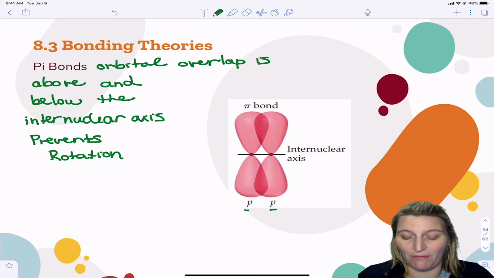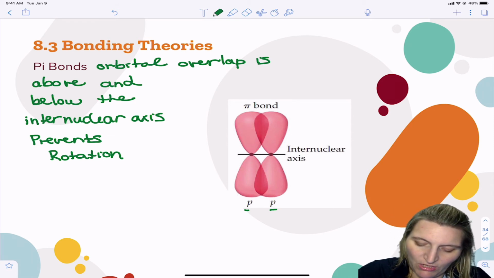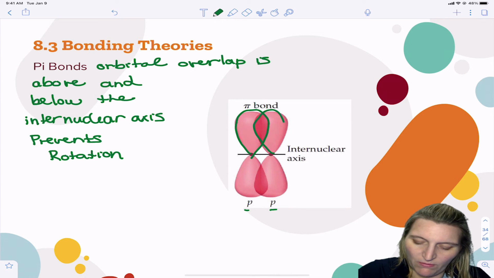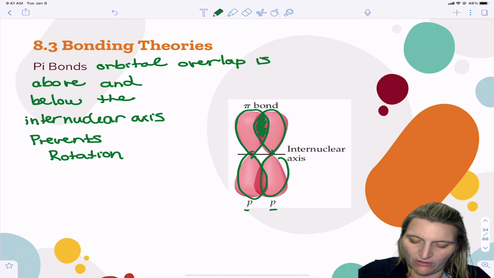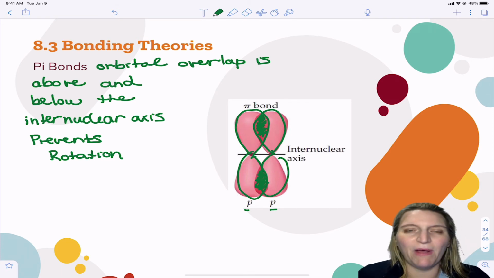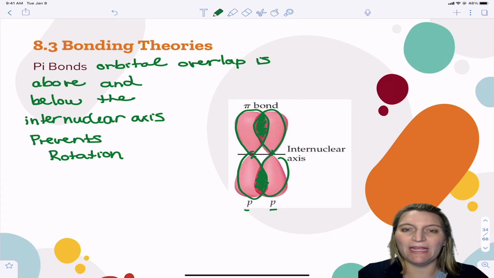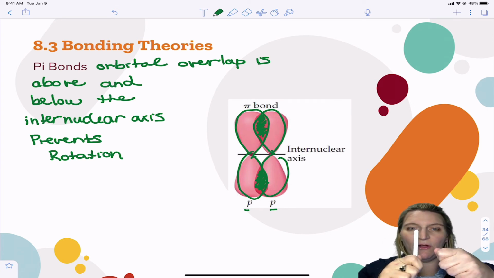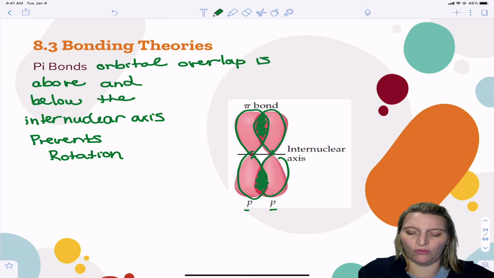That's easy to remember. If I look at this p orbital here and this p orbital here, look at where the orbital overlap occurs. It occurs above and below the internuclear axis. Because this orbital overlap occurs above and below the internuclear axis, you can kind of imagine if we twisted this bond, then those two lobes of the p orbitals would no longer line up. So there would be no rotation around that.